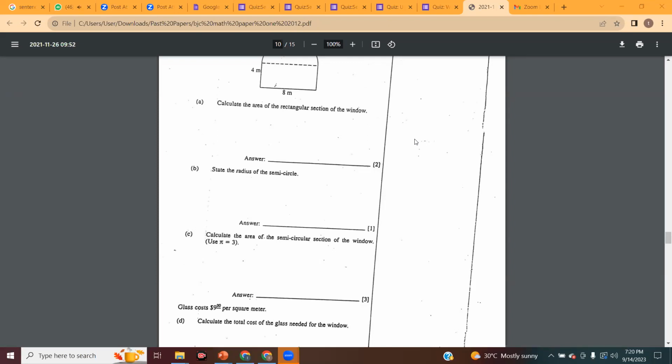I finished the quizzes. So you already did 2012 paper 1, right? I saw you send a redo of that. Yes, I sent that. You did paper 2 already? I'm actually redoing paper 2 because I realized in the BJC past paper booklet, paper 2 only has up to question 9.